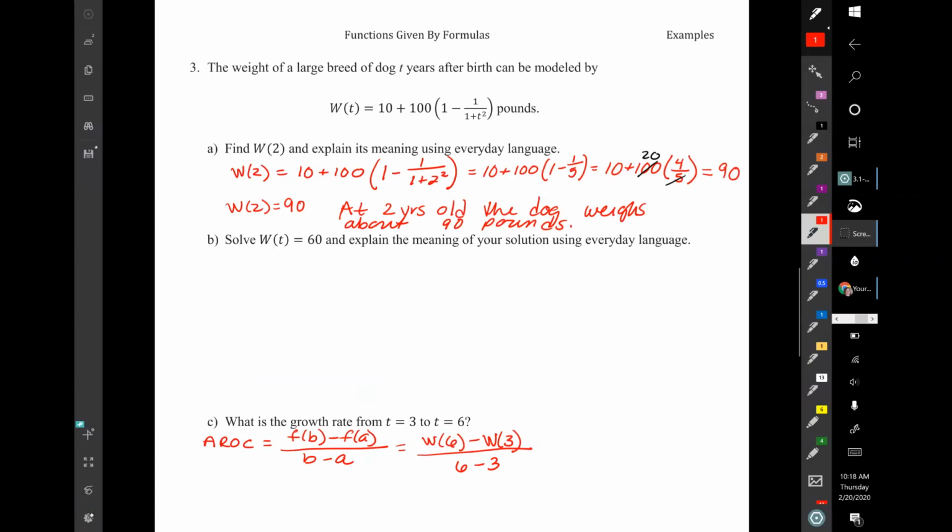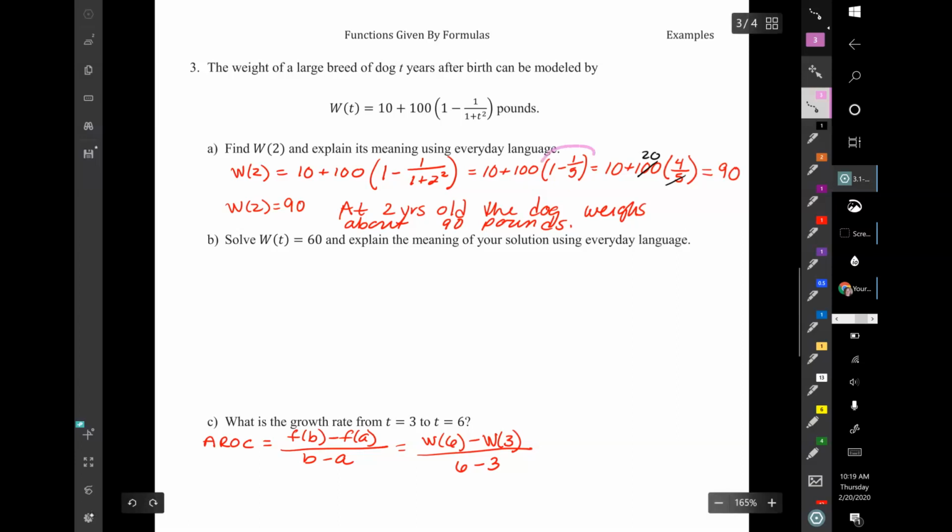Okay, so I am going back up to A and I'm going to go through what I did. So plug in 2. Hopefully you were able to follow that part on your own. You're going to plug 2 in for t. So I have 10 plus 100 times quantity 1 minus 1 over 1 plus 2 squared, which gives me that 1/5 over here on the right hand side.